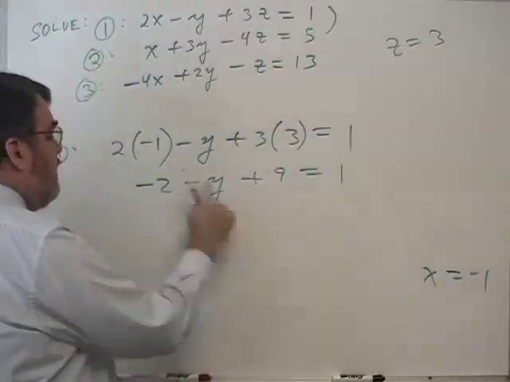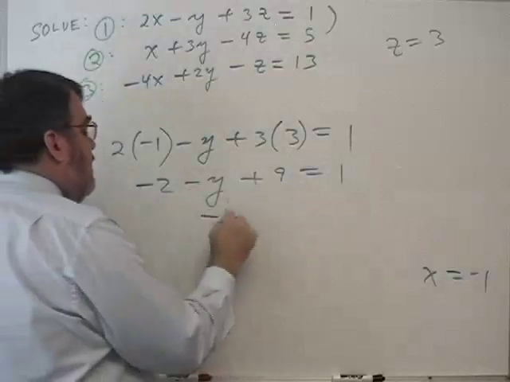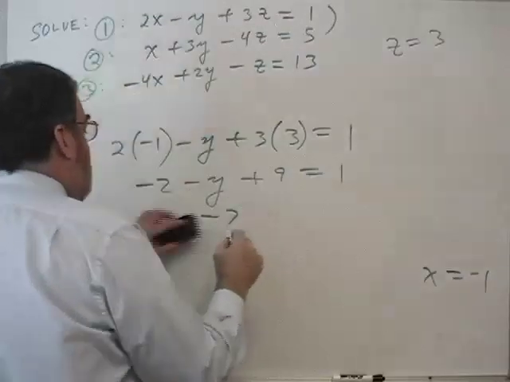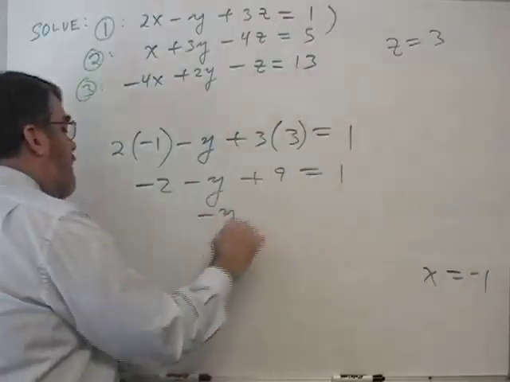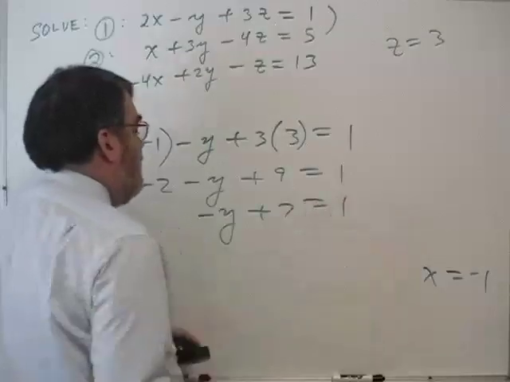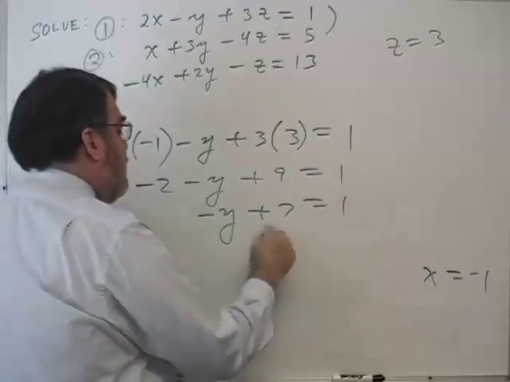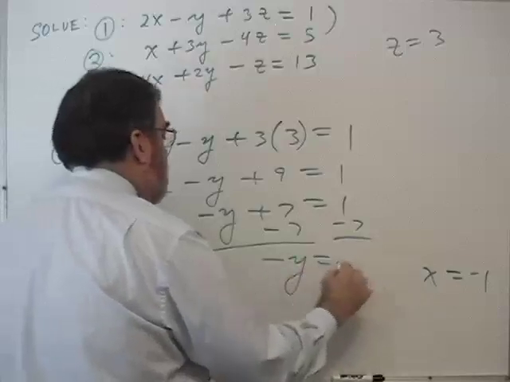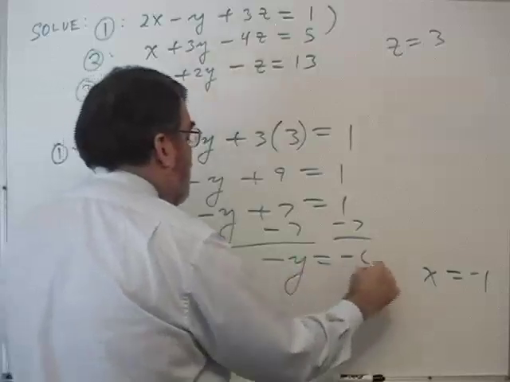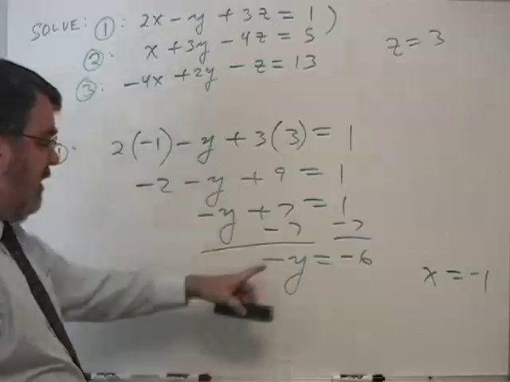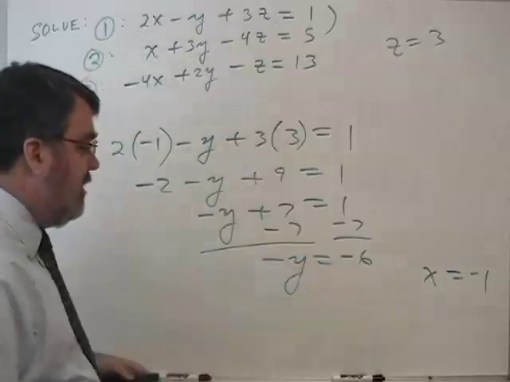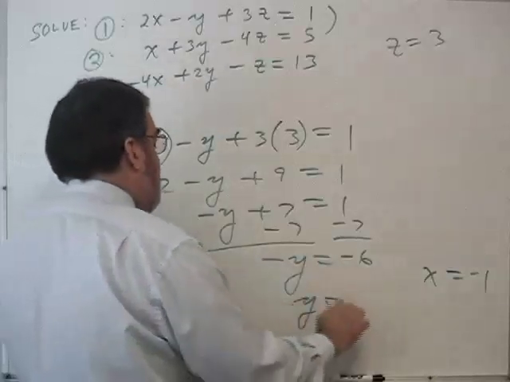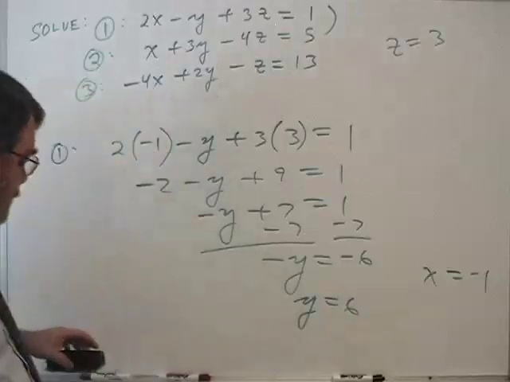And these terms combine. Negative 2 plus 9 is 7. That's negative y plus 7 equals 1. And now subtract 7 from both sides. Minus y is equal to negative 6. And if negative y is negative 6, then positive y is positive 6.